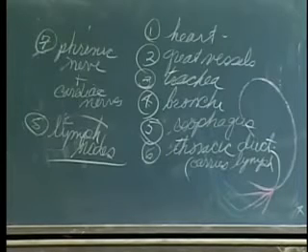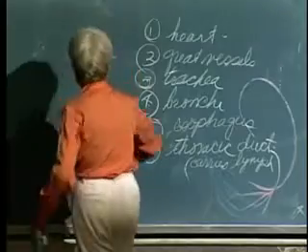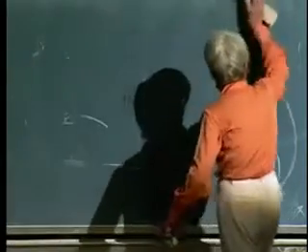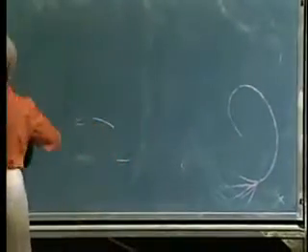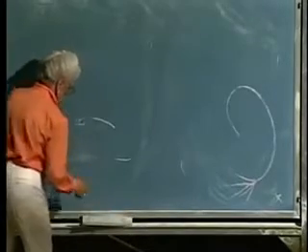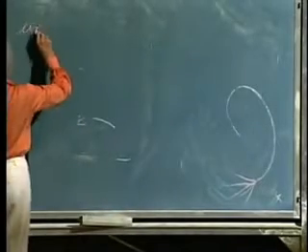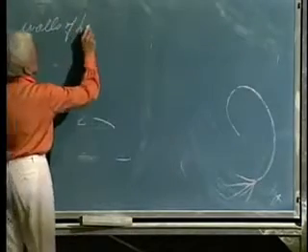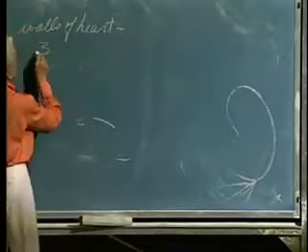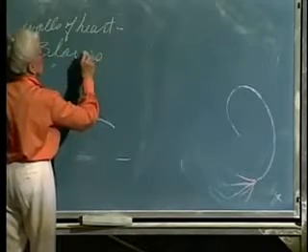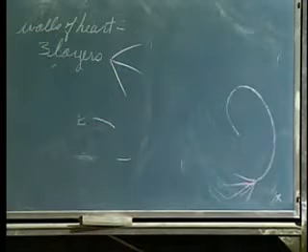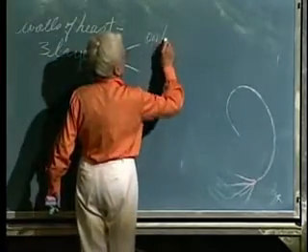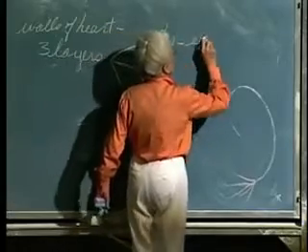Now the walls of the heart. Your blood vessels have 3 layers. And the heart has 3 layers. Walls of heart, 3 layers. We'll have the outer layer, which is the epicardium.